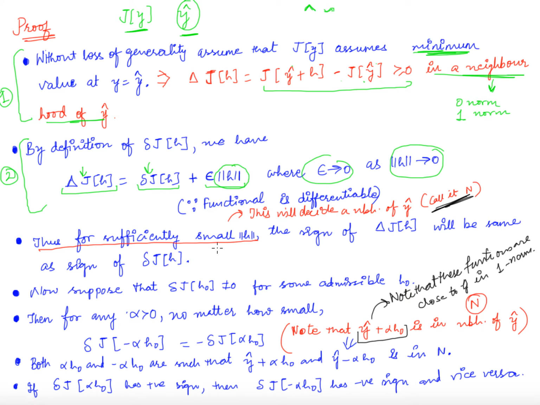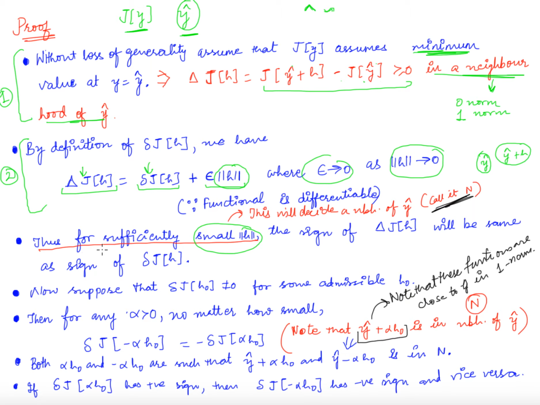Thus for sufficiently small h, and how small we have to choose will define a neighborhood of y hat. You know that we had this y hat and we are increasing it by h, so basically these are the functions in the neighborhood of y hat.